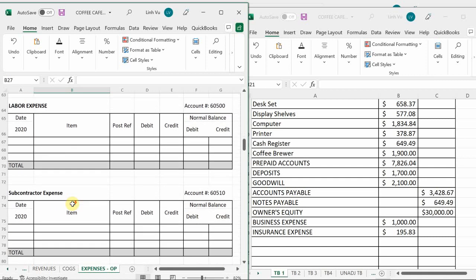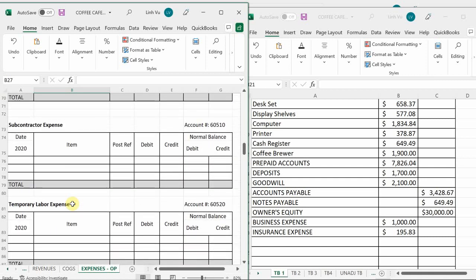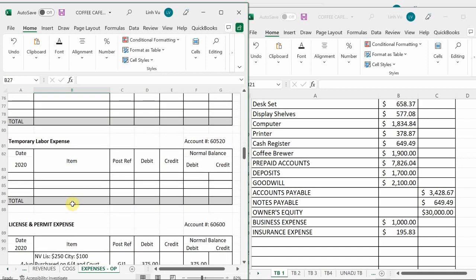Labor expense. Did I subcontract anybody? I mean, I hired them, but did they finish their job? Did they bill me yet? So in this case, no. I haven't even incurred any labor or subcontractor expense. I haven't even hired a temporary worker yet.